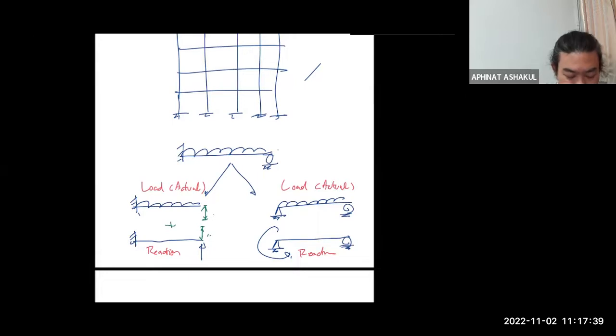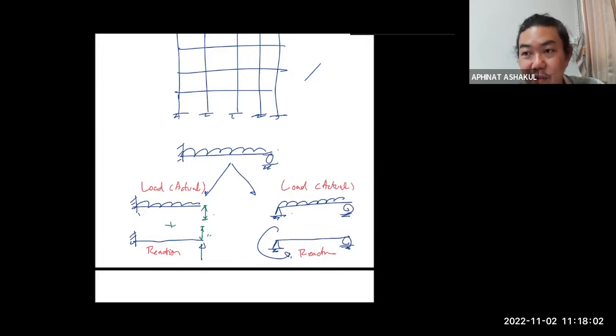And here, if you remove the fixed support, it's hard to say because it's a matter of the language, okay? Because when I say if you remove the fixed support, we're not saying that we remove the entire fix, right? The correct word would be we remove the moment restraint.